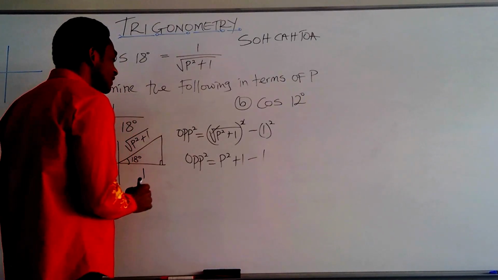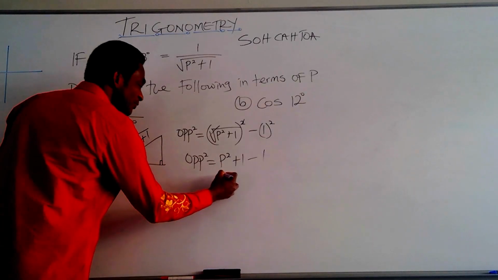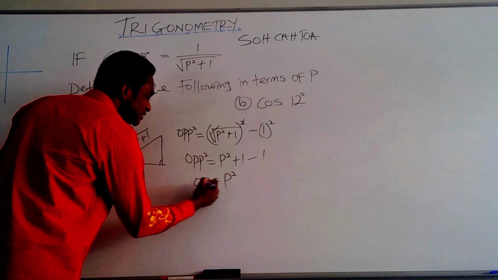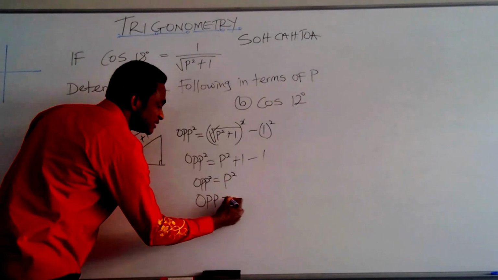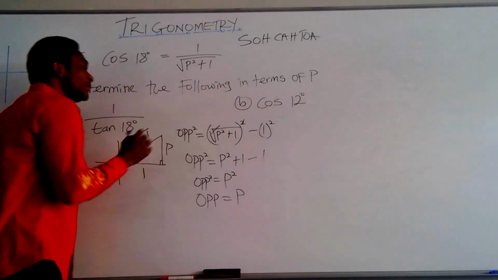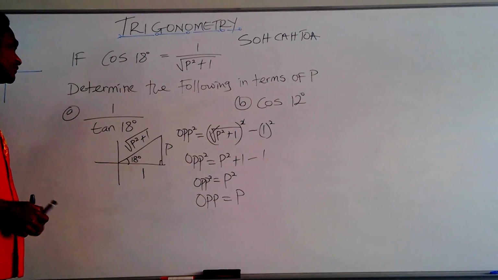So opposite squared in this case is actually p squared. If our opposite squared is p squared, it means that our opposite is actually p. So this is p.